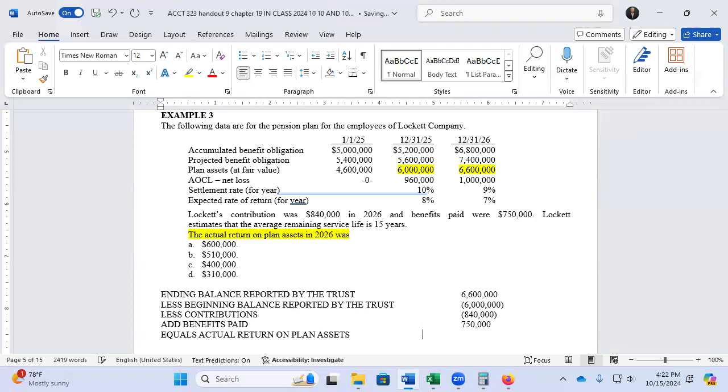And that should give us our actual return on plan assets, which they have as 510,000. Good.